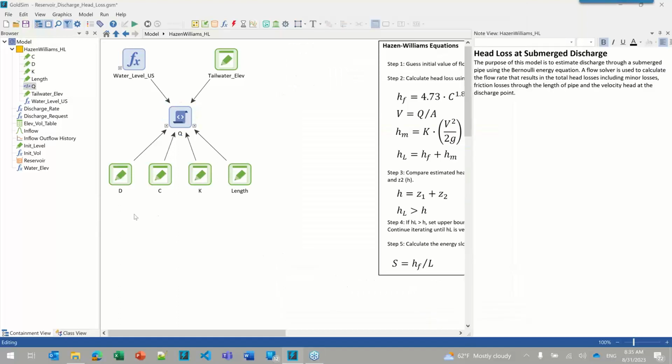Now, one thing you want to keep in mind when you do this kind of calculation, typically, unless you have a sleeve valve or some sort of control valve that is breaking the head a lot between the upstream and the downstream side, we're going to be talking about pretty large flows here, high flows, or very small time steps.